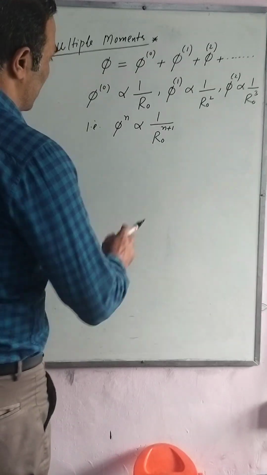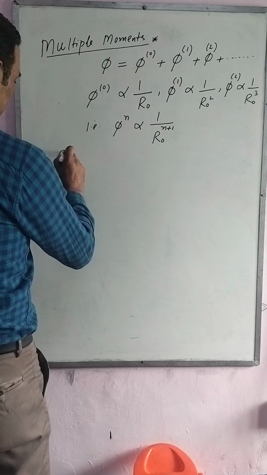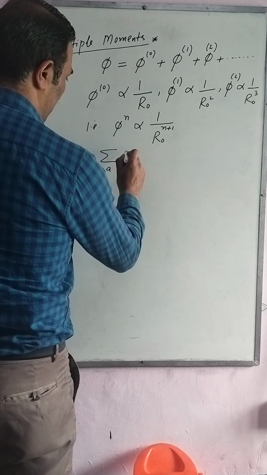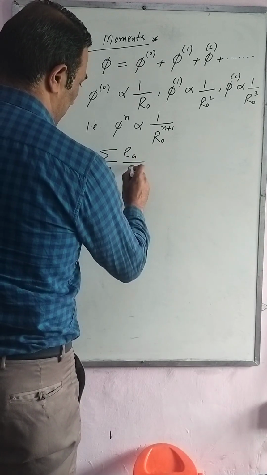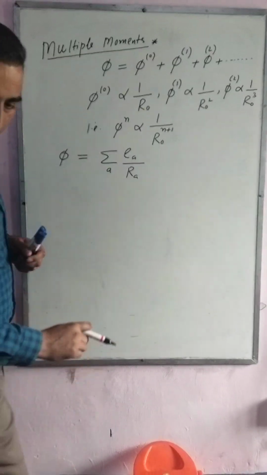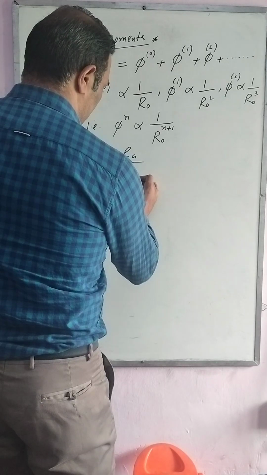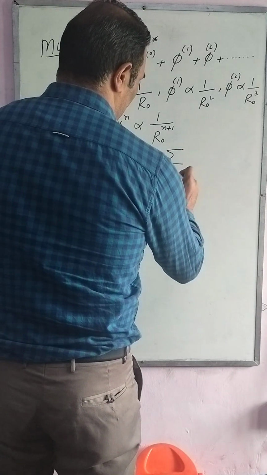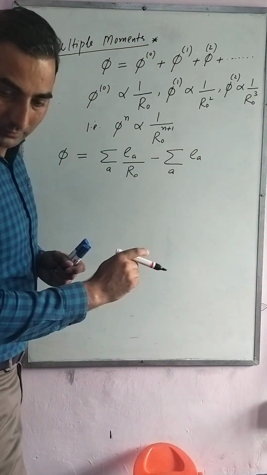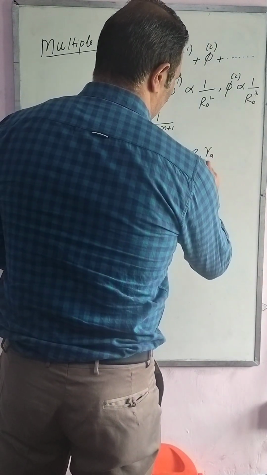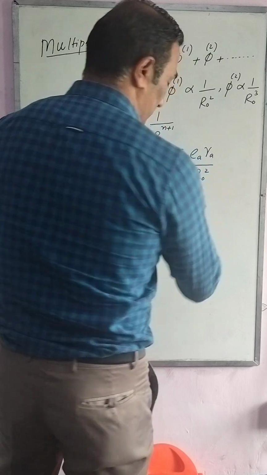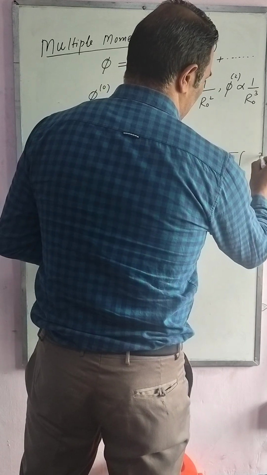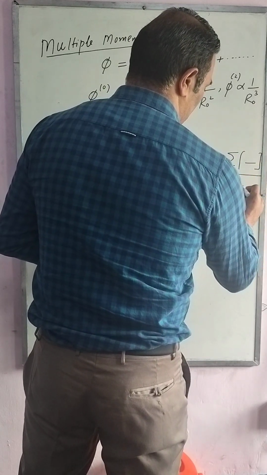So we can rewrite this term. If you write phi, phi can be written as, that will be the first term, so this first term is the monopole, and similarly the other terms.